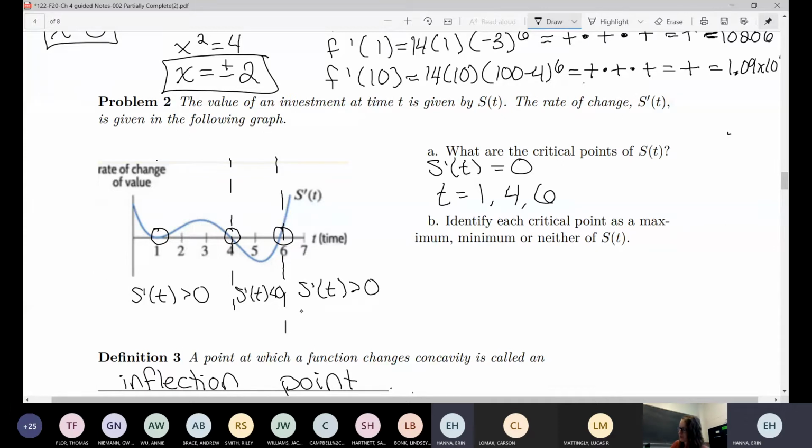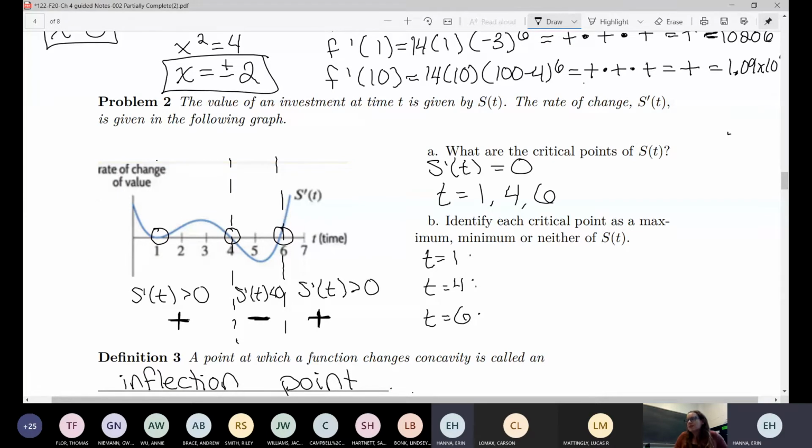So let's look at each one of these critical points separately and figure out which type it is. Positive, negative, positive.